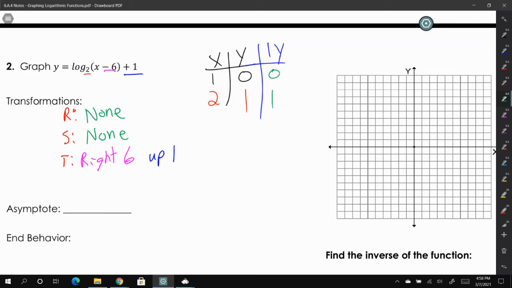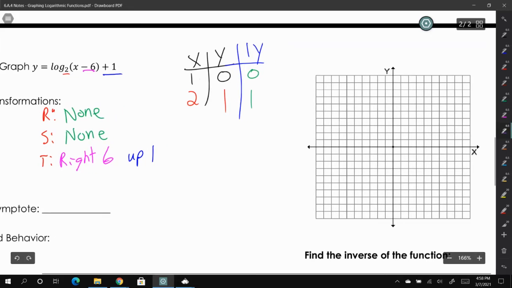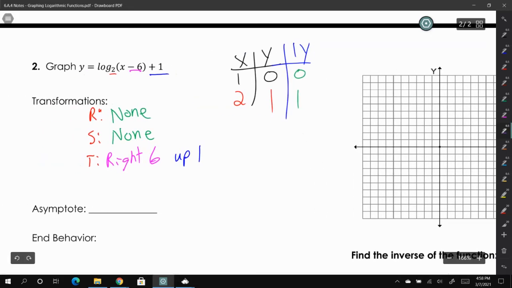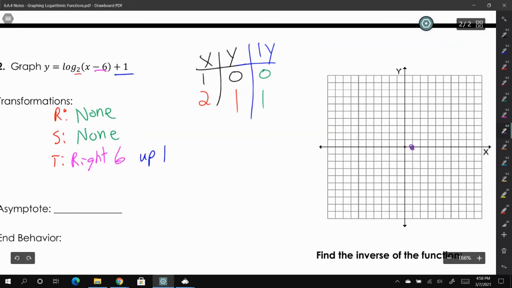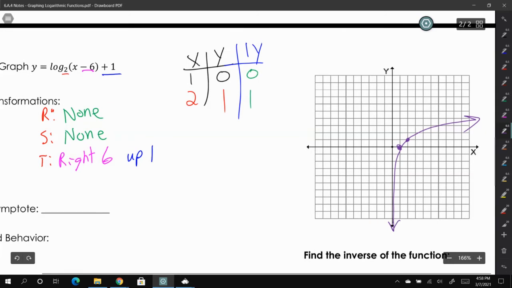So you don't necessarily need to do that. You can if it helps you, but it's going to be the same points. So we have 1, 0, and then we have 2, 1. So our graph would look like this, but we're going to move each point right 6 and up 1.